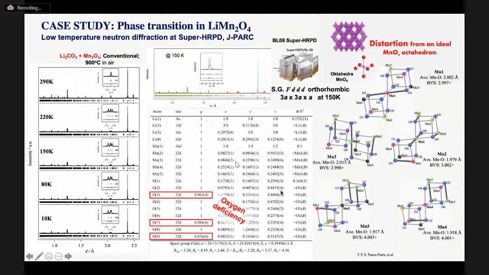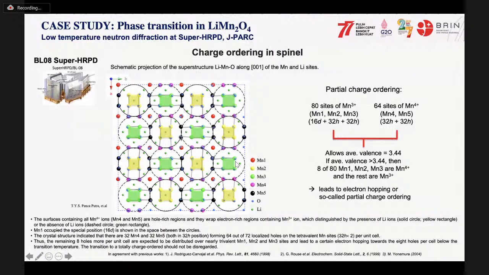As we know, manganese in the LMO battery contains manganese 3 and manganese 4. And we found here that there is oxygen deficiency. This is what happened, and with that synthesis method, we found what we call partial charge ordering here.